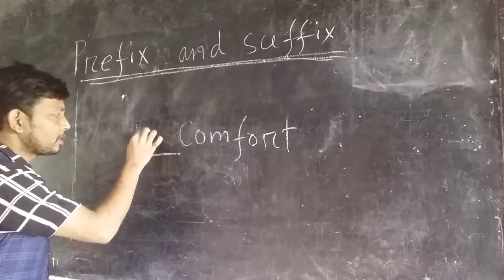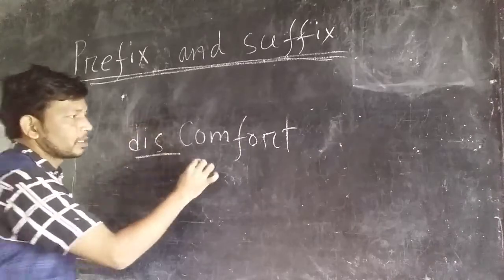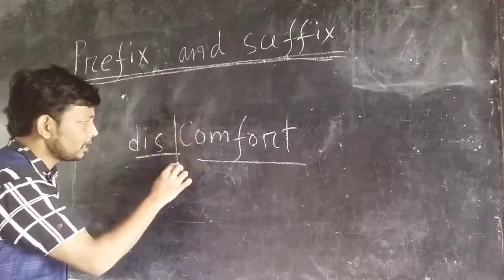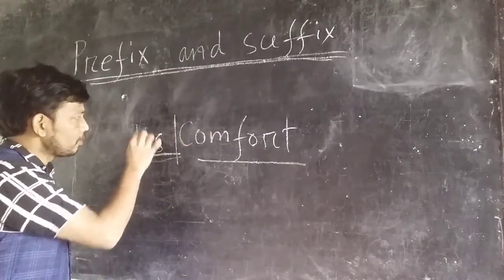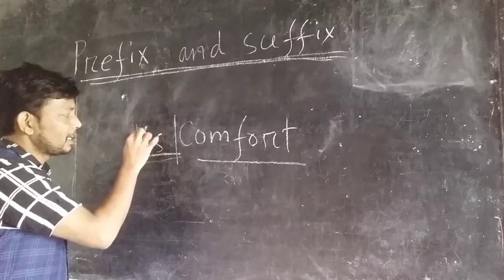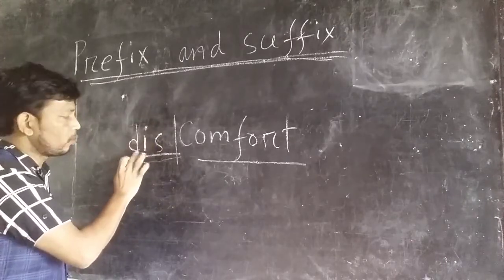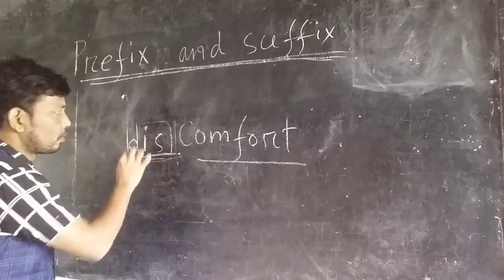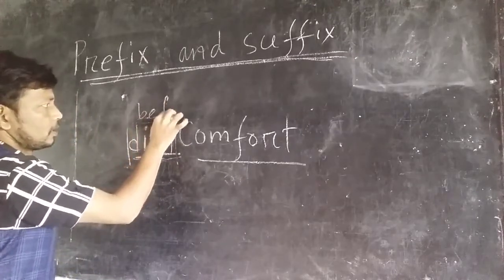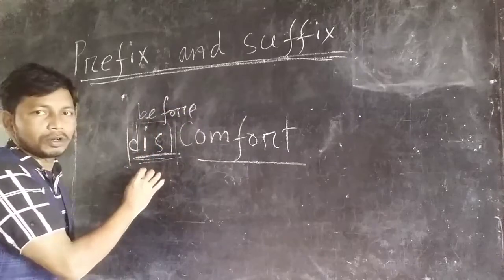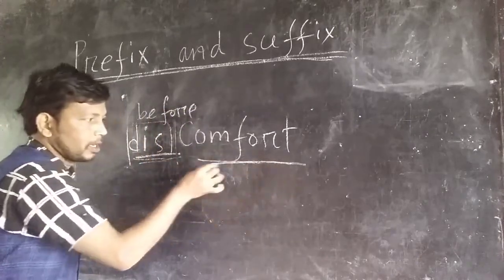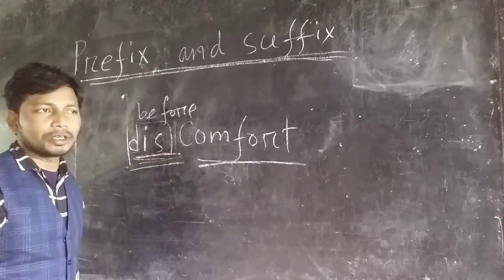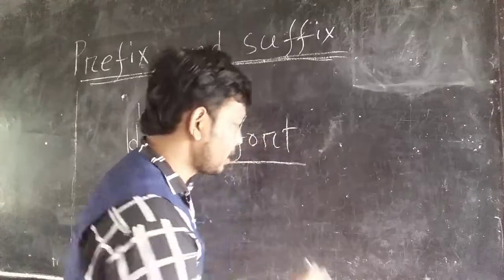You can make a new word by putting a letter or more letters before it. If you put any letter or more letters before a main word or root word, then it will be prefix.